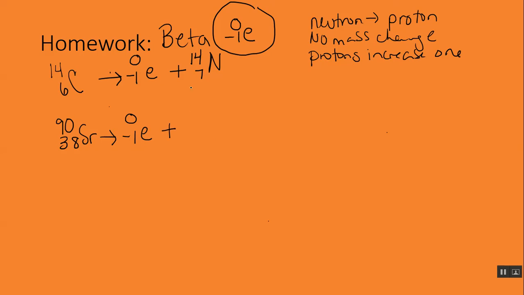So mass is still 90. Remember that a neutron turns into a proton. Proton goes up by 1, so it becomes 39. Then we find it on the periodic table, and we see that element 39 is yttrium, which is Y. And we're done.